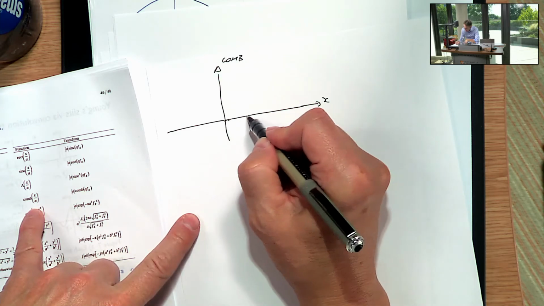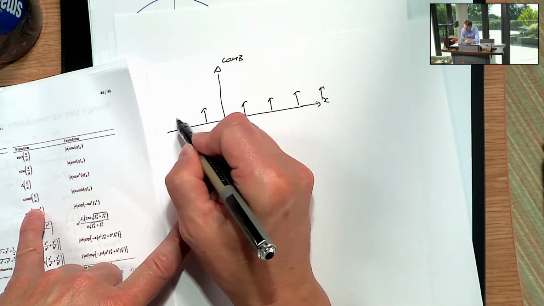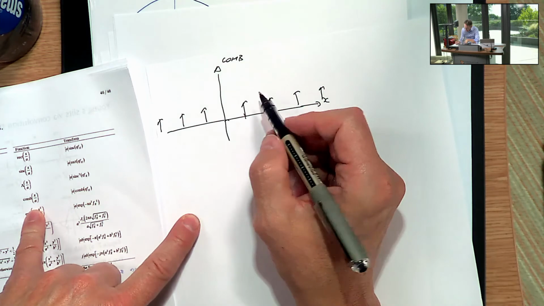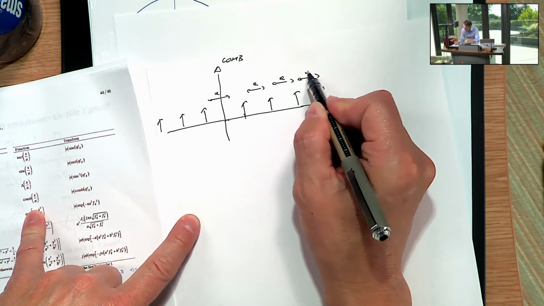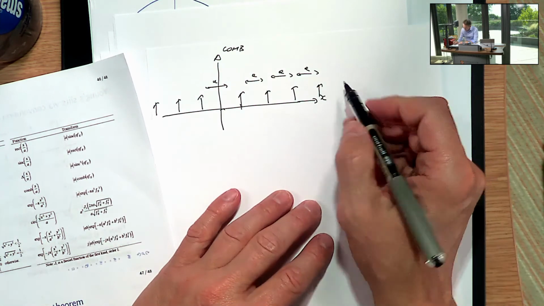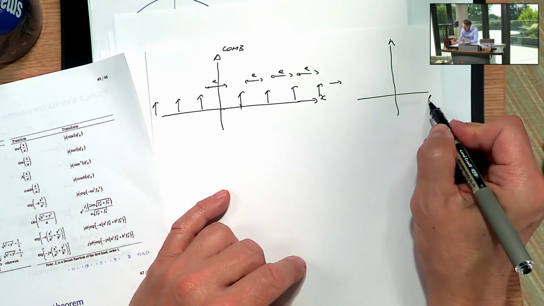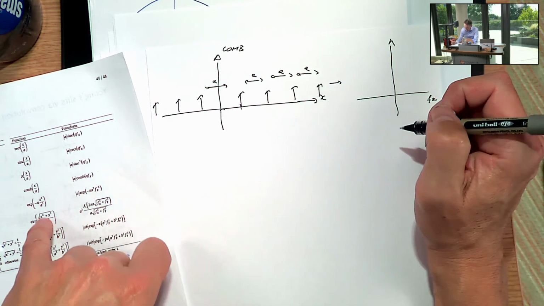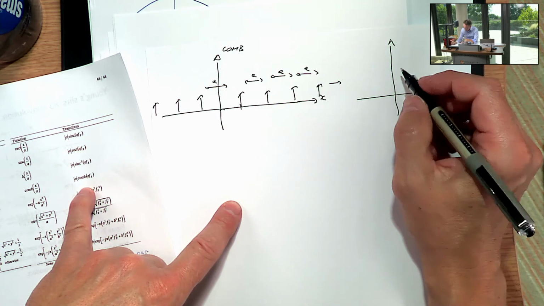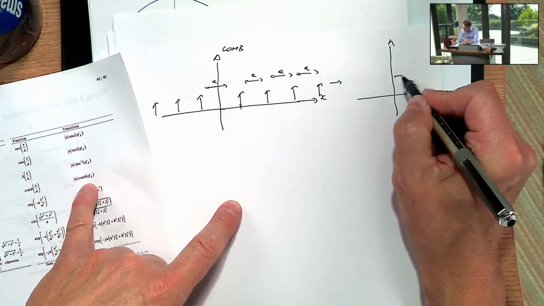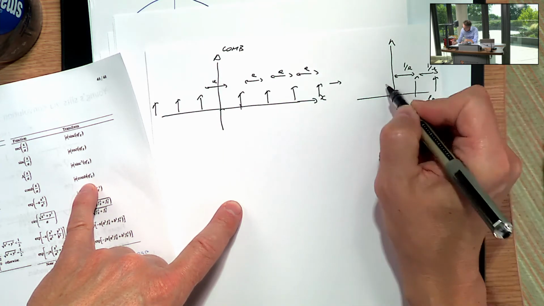Then if I have a series of delta functions spaced like that, and these are all spaced by a, then the Fourier transform of that is again a comb, but here the spacing is now 1 over a. Something like that.